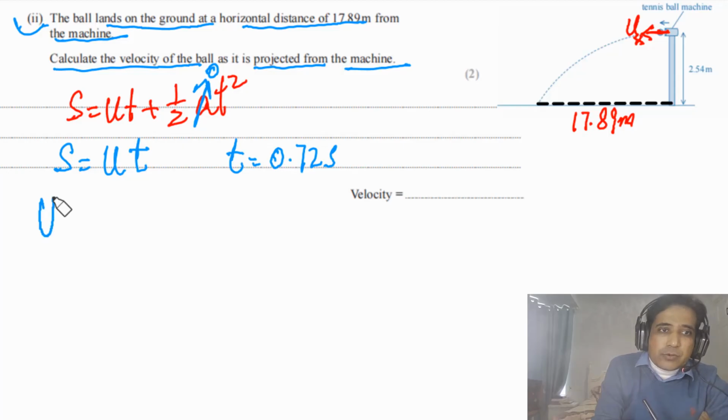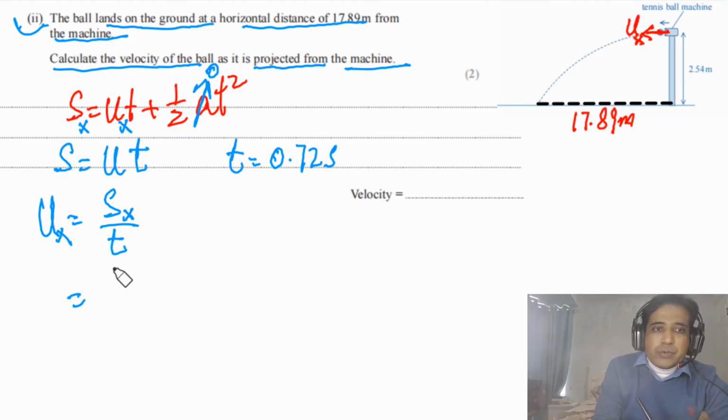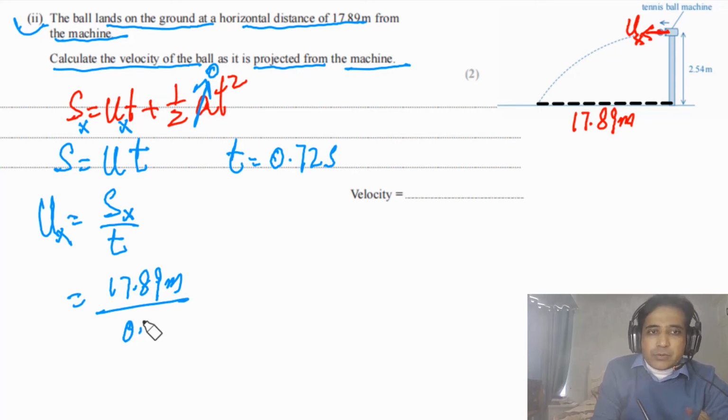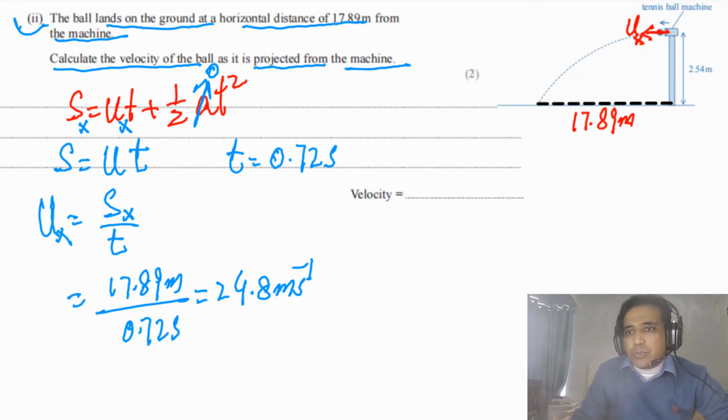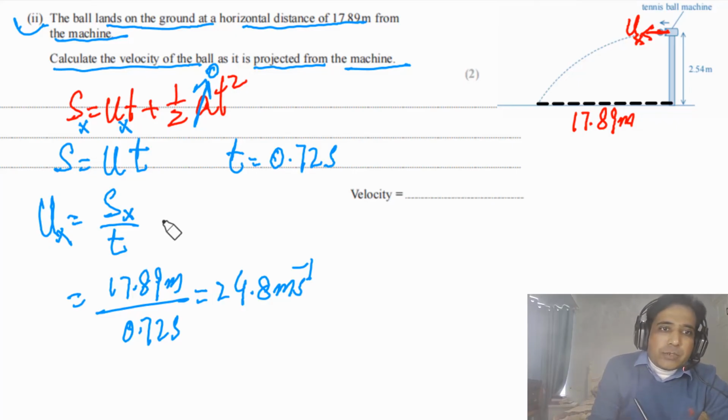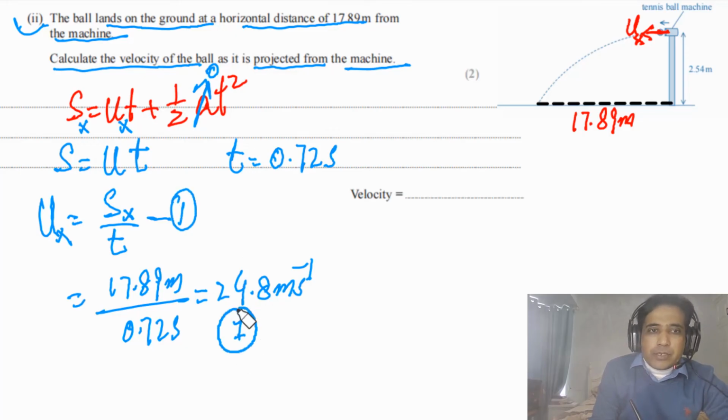We are talking about horizontal motion, so ux = sx divided by time taken. sx is 17.89 meters, divided by 0.72 seconds. The answer will be 24.8 meters per second. This question has 2 marks. The first mark you will get if you have written this formula, and the second mark if you have got the right answer.